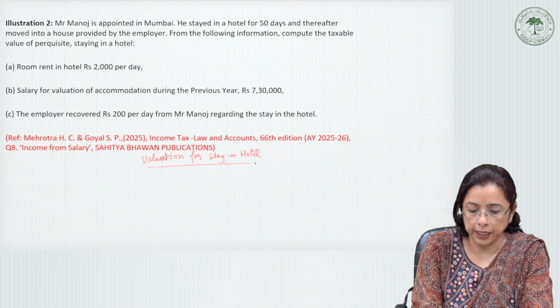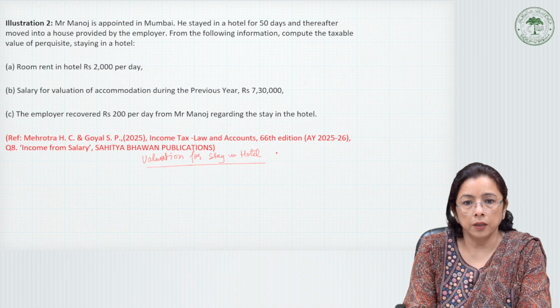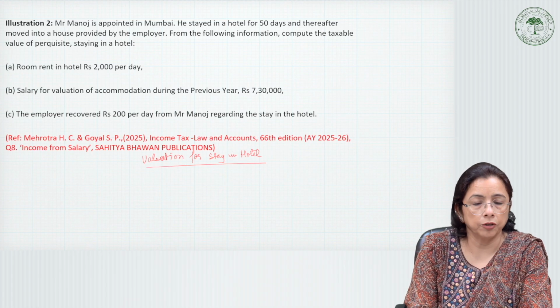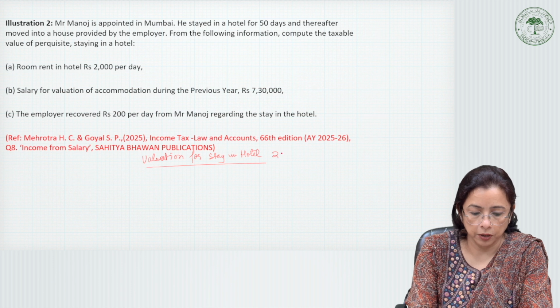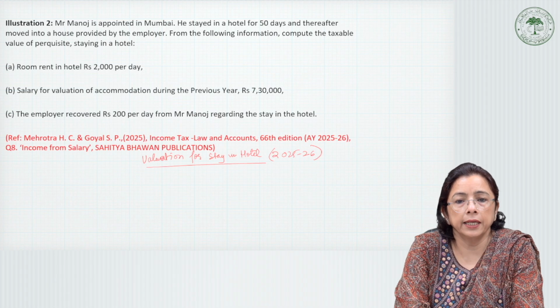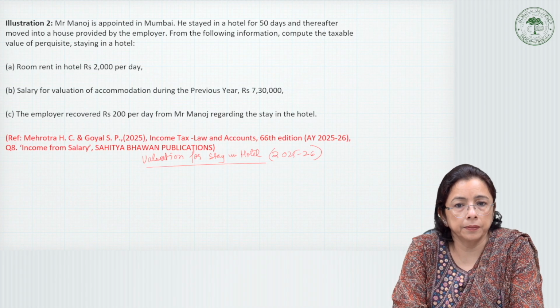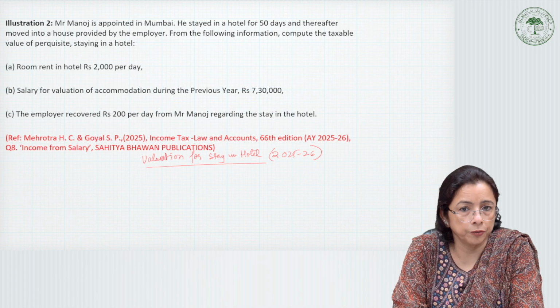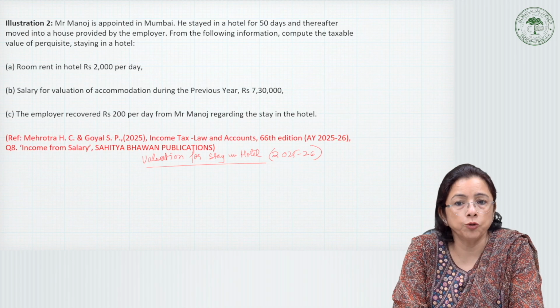Valuation for stay in hotel. The computation is for the assessment year 2025-26. Let us work on it. First of all, we have to compare two things: what is the rent he has actually paid, and secondly 24% of his salary.